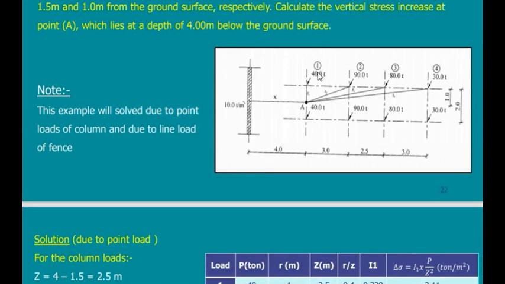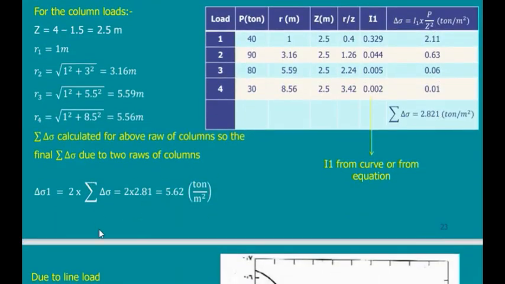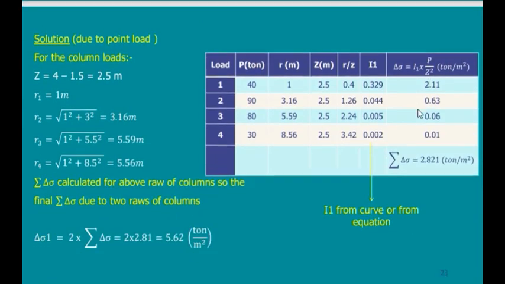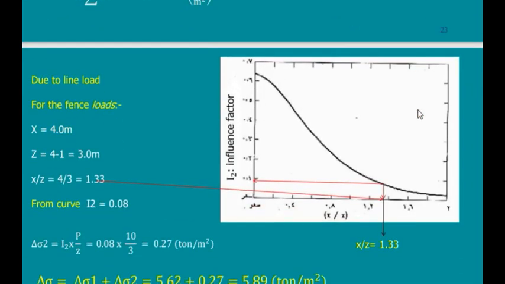So I have to multiply the effect of 1, 2, 3, 4 by 2 again. So this 2 multiplied by the summation will give me the effect of all of the stresses at a 4 meter depth due to the wall and the point loads, which are the columns.